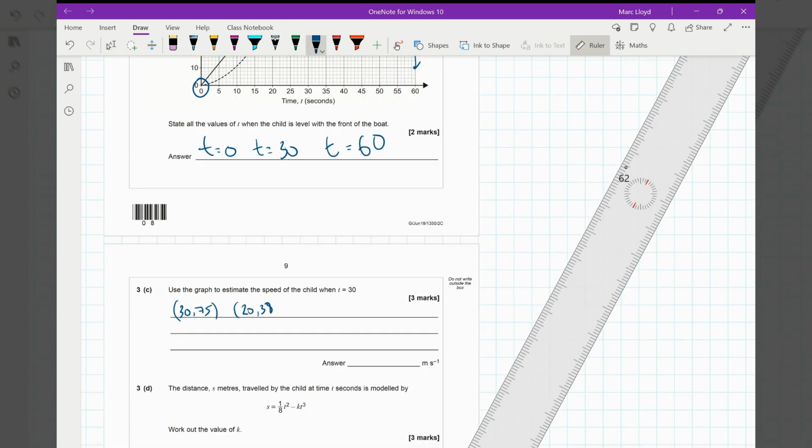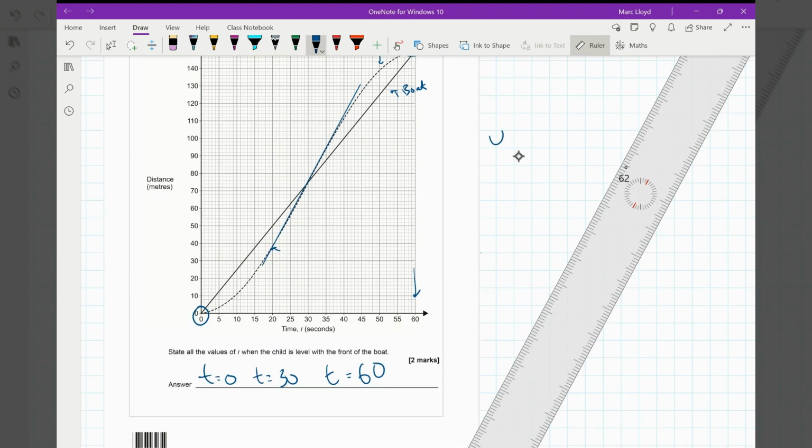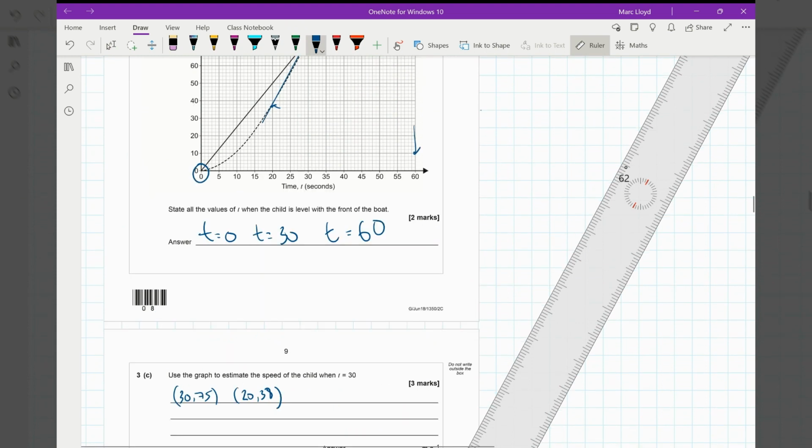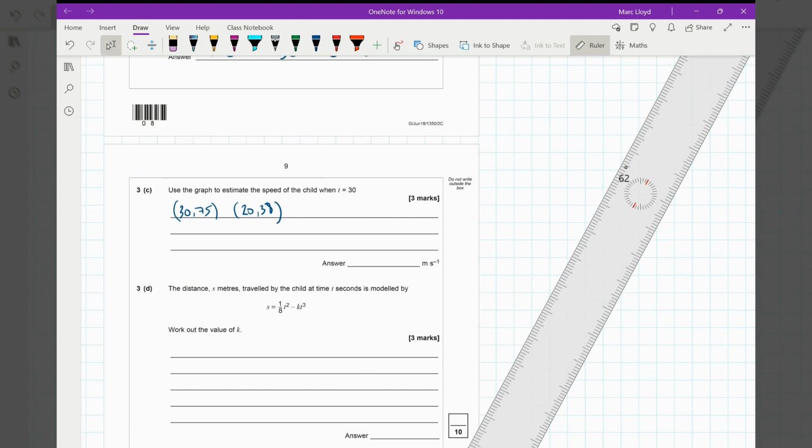Okay. So when we work out the gradient, it's the amount it's gone up divided by the amount that it's gone across. That's distance divided by time, and if you recognize that, that's going to be speed from our speed, distance, time. So the gradient on these graphs is going to equal the speed on a distance time graph. So finding the gradient will find the speed for us. So within this, it's gone from 20 to 30.